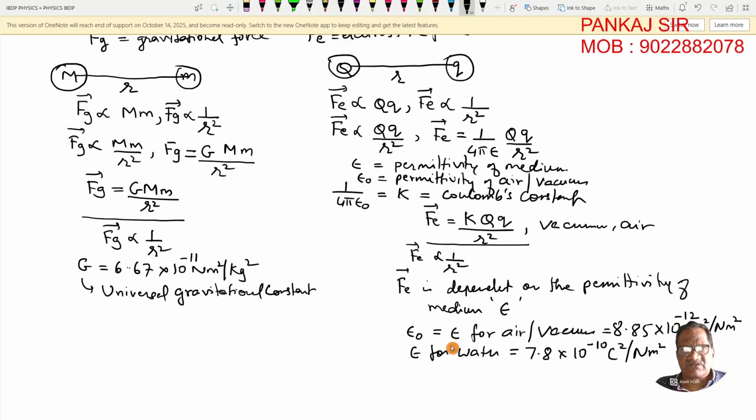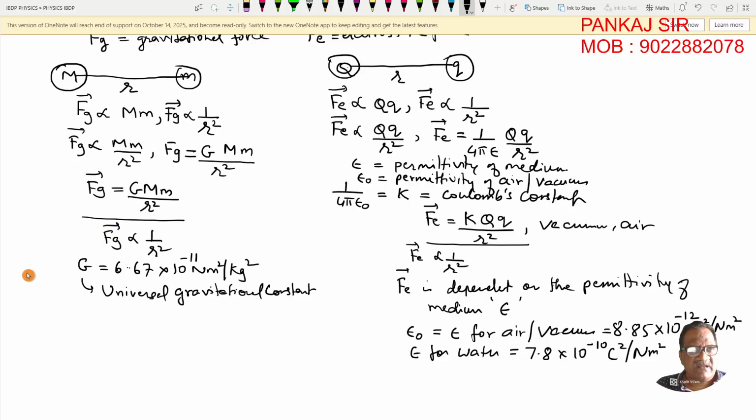So the epsilon value will differ for different media, and accordingly the proportionality constant, that is K, will also differ. So basically electrostatic forces are dependent on the medium, while gravitational force is not dependent on the medium. It is the same in all media.